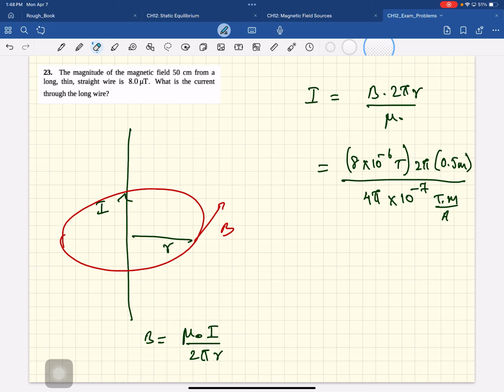So you see the units, Tesla meter, and you'll get amp at the top. 2 pi, that's 2, cancels, that's 4 divided, that's 4, and then half, that's 2, so 20 amps.